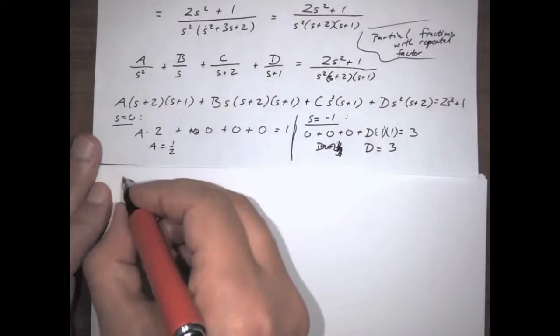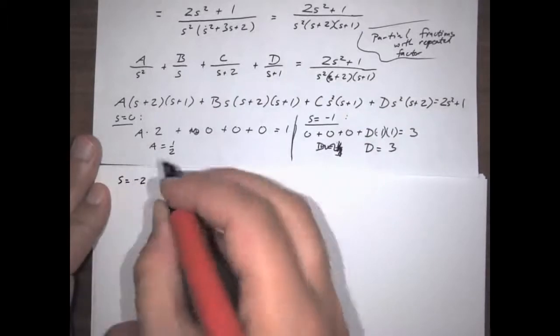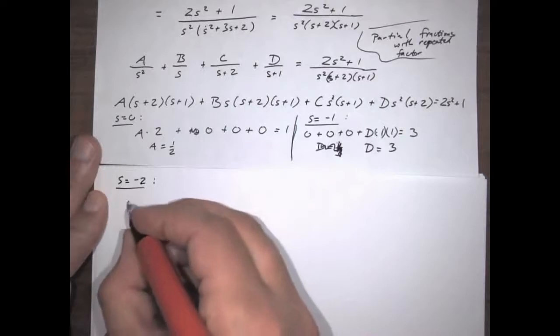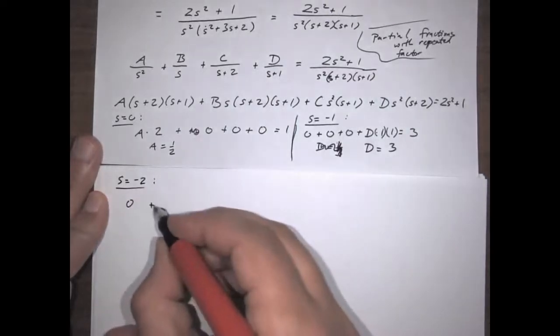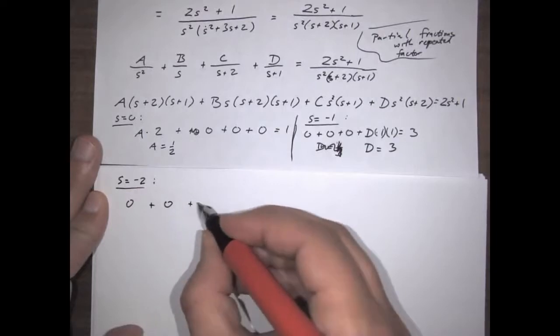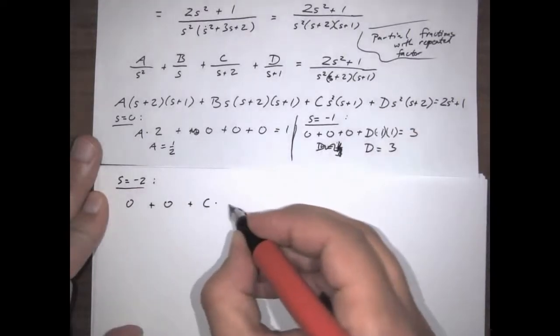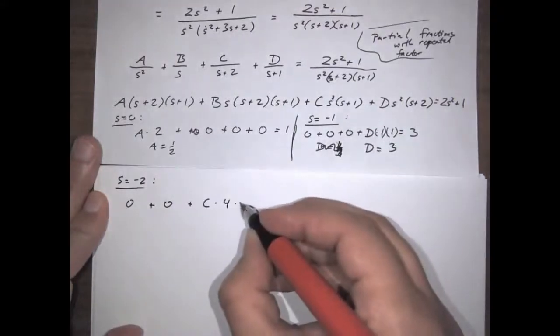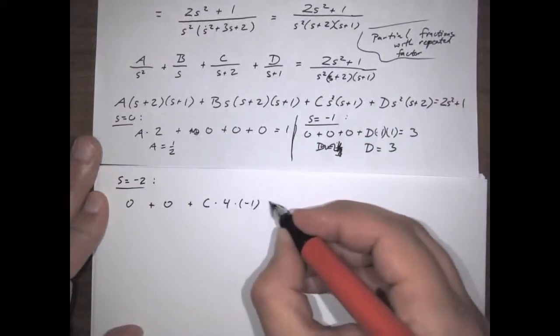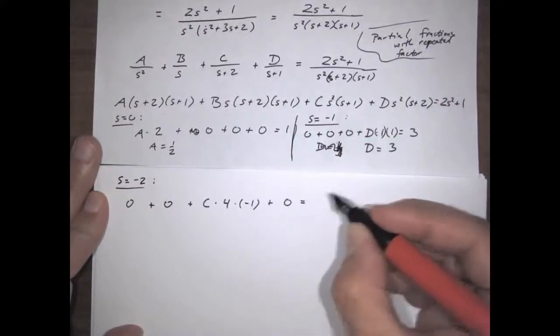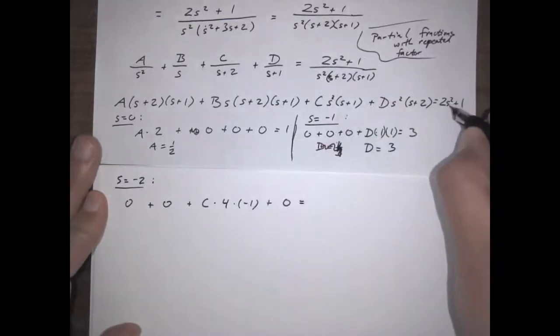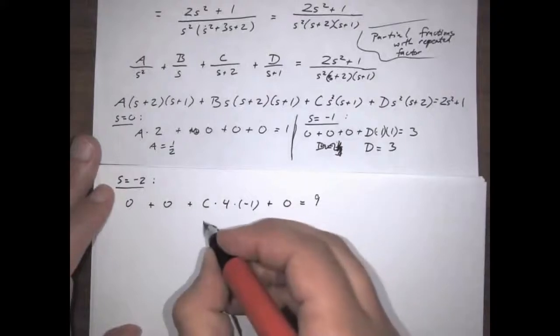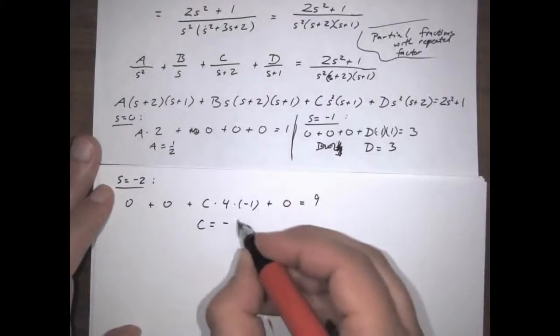That would be s equals -2, which then will give us 0 from the A piece, 0 from the B piece, and then for the C, we're going to have C times -2 squared is 4 times -2 plus 1 is -1, plus 0 is equal to, over here, putting in -2, it's going to be 4, 8, 9. So C is going to equal -9/4.